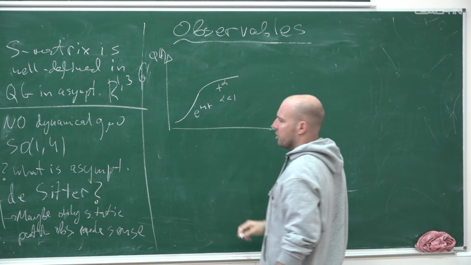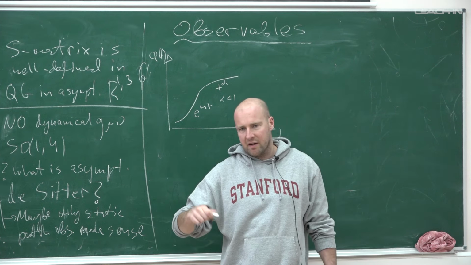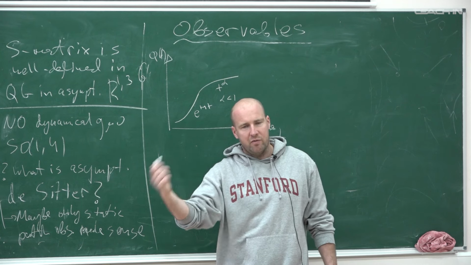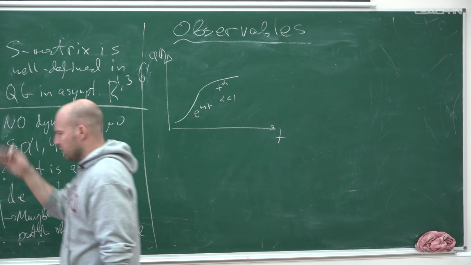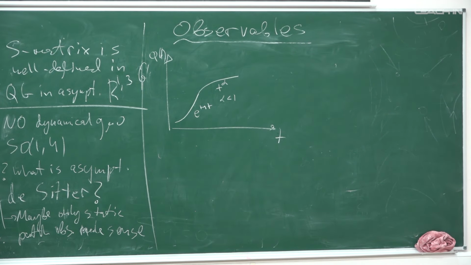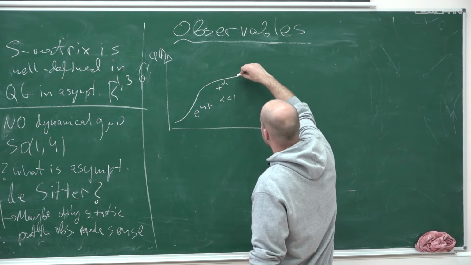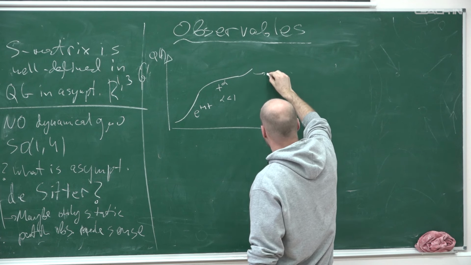For example, we had this formula, t to the power depending on the equation of state, and if we put in a state that has no pressure, we get something like t to the 2/3, so it's smaller than 1.